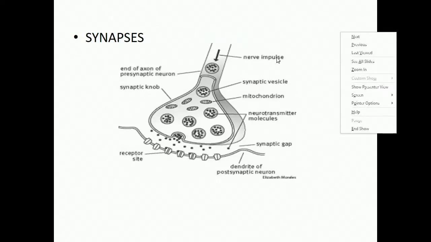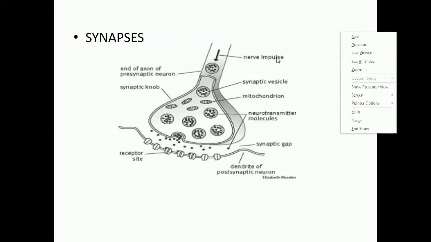On the other hand, when you look carefully at the structure of the synapse, the postsynaptic neuron is the only one that has a receptor site. The receptor site is for what? To receive the neurotransmitter. And the presynaptic neuron is the only one that has the synaptic vesicles with neurotransmitter.